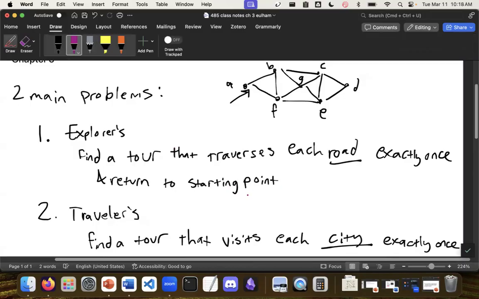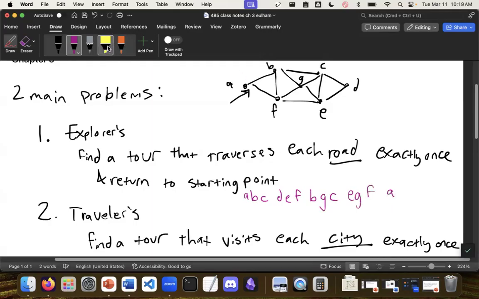One of the possible tours is A, B, C, D, E, F, so going all the way around, and then going back to B, detour down to G, back to C. That takes care of this little part of it. And then E, G, F, and then back to A.